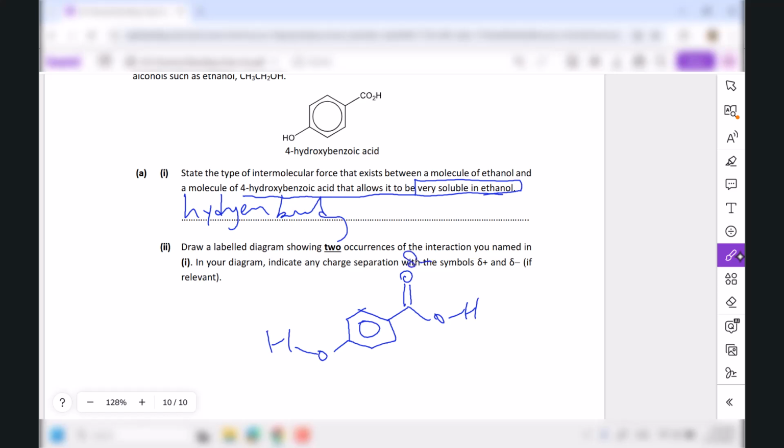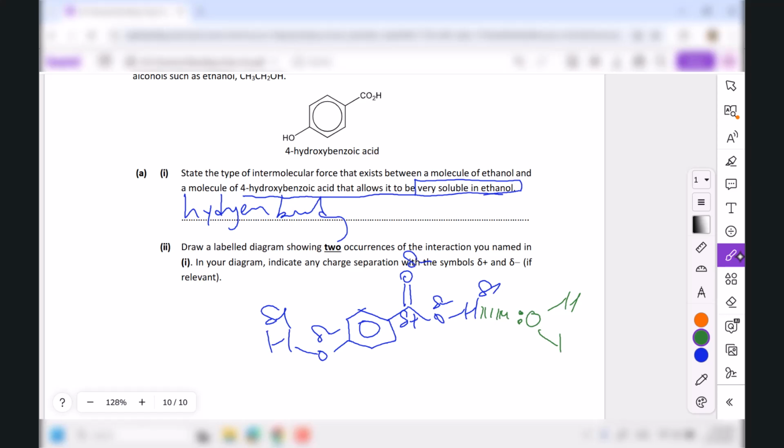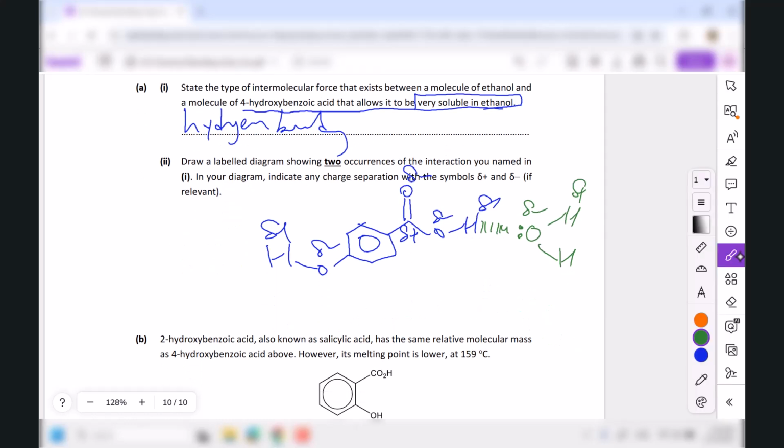So delta minus, delta plus, delta minus, delta plus. When it forms hydrogen bonds, it's going to interact favorably, with oxygen and H. So once you draw this out, you can label this as hydrogen bonds. Maybe I can draw another one out. Dash dash dash dash H O H, delta plus delta minus, and then I can label the 2 as hydrogen bonding.